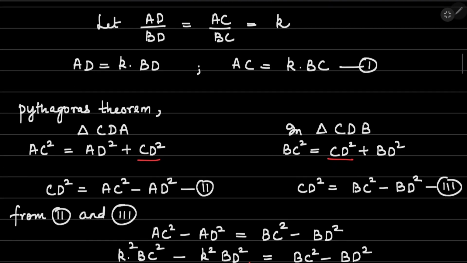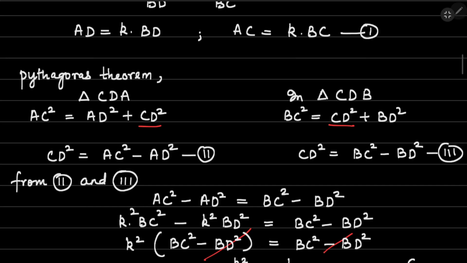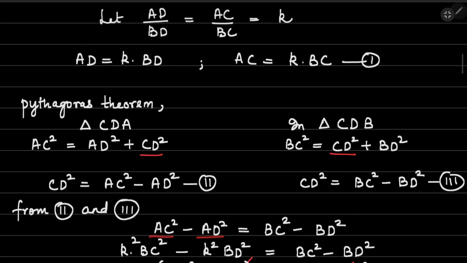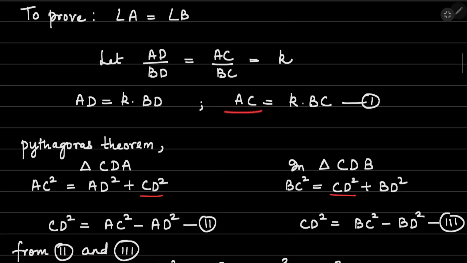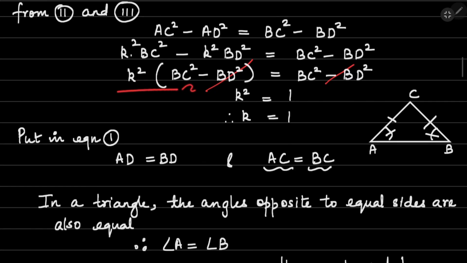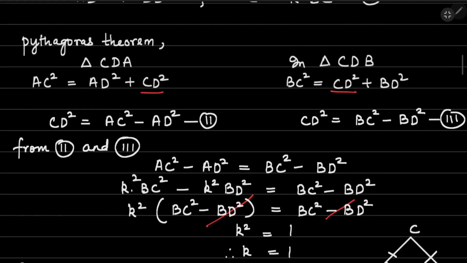Use Pythagoras theorem. Write everything in terms of CD square. Equate it. Substitute the value of AC and AD from here, AC equal to K times BC, AD equal to K times BD. When you solve it, you will get K square equal to 1 or K equal to 1. Put it back here.